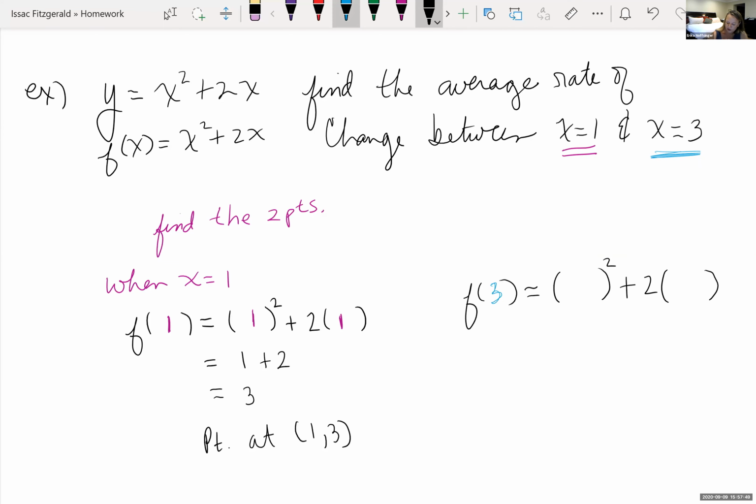Go in there and put the 3 inside the parentheses and then simplify. 3 quantity squared is 9, plus 2 times 3, so that's plus 6, equals 9 plus 6, which is 15. So here we have a point: when x is 3, y is 15.